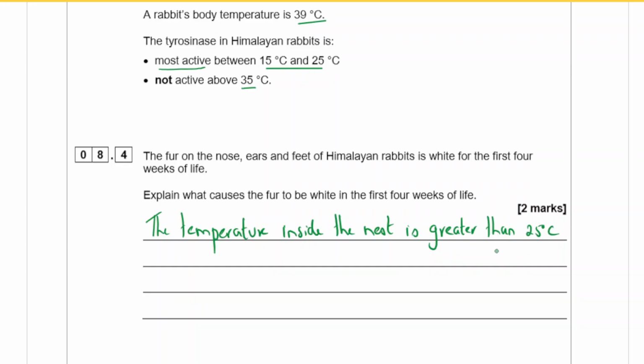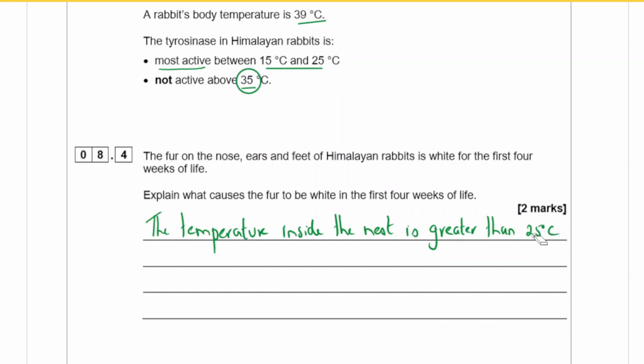Now, in the marking scheme, it actually says, okay, it's not 25, because here it says not active above 35 degrees Celsius, so it has to be 35. I thought I made a mistake here.